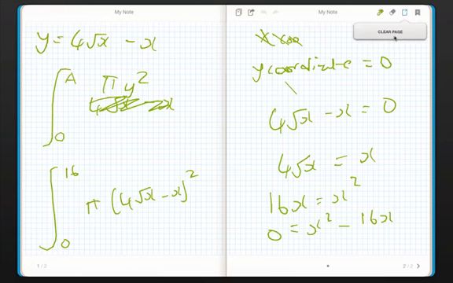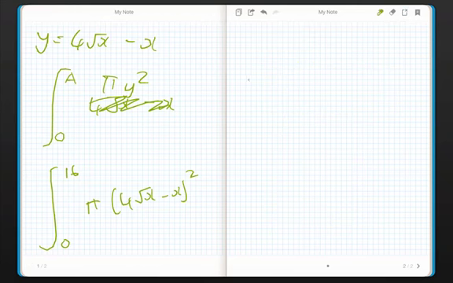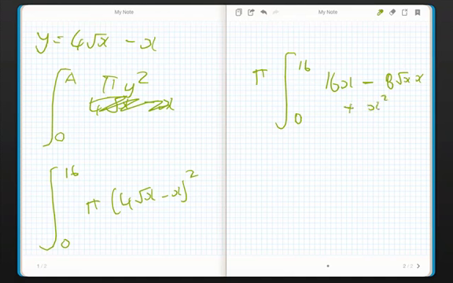I'll just clear this page. Now how do we do this? First we can take pi out. Integrating pi will just give the same answer, so we just take it out. Then from 0 to 16, just expand this: 4 root x the whole squared is 16x, minus 8 root x into x, plus x squared.